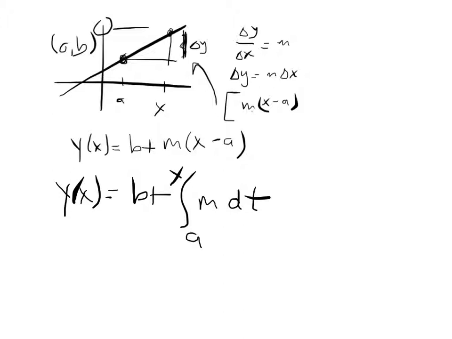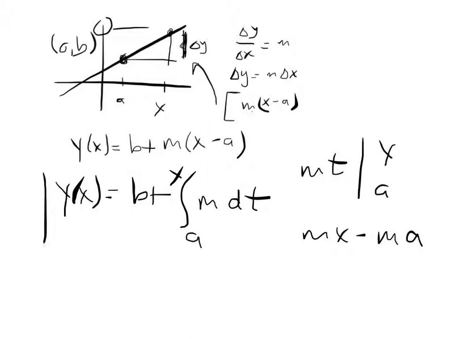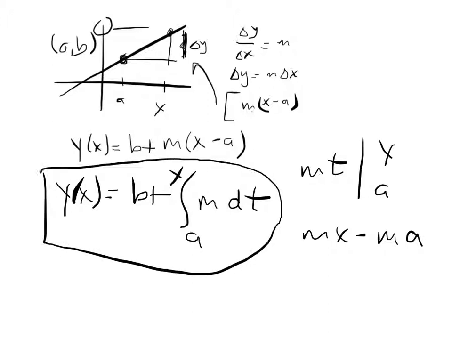Because when I take my integral here, I get mt, and evaluating mt from a to x, I get mx minus ma. So basically, I've worked backwards, gone from what we know about lines, and reversed the process to set up the output for a linear function in terms of a function defined as an integral expression. So I think we've looked at this pretty thoroughly, and again, I hope it helps.